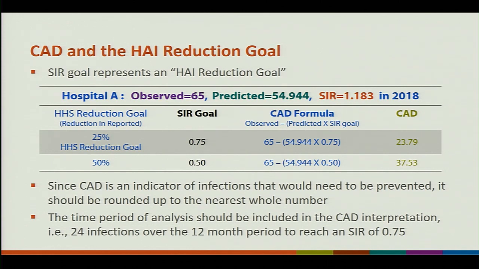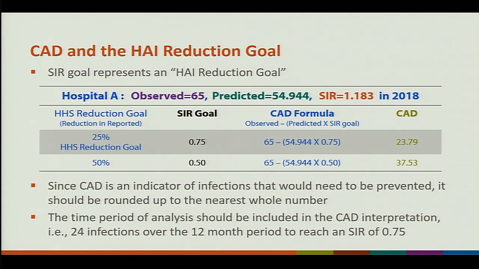All right, so summing that up for our facility, the HHS reduction goal, which results in a 25% reduction goal, versus our custom goal of 50%, which results in a 0.5 SIR goal, gives us our CADs.